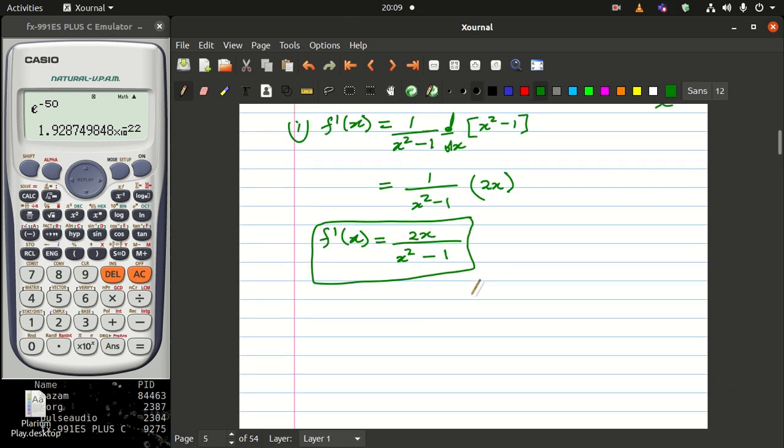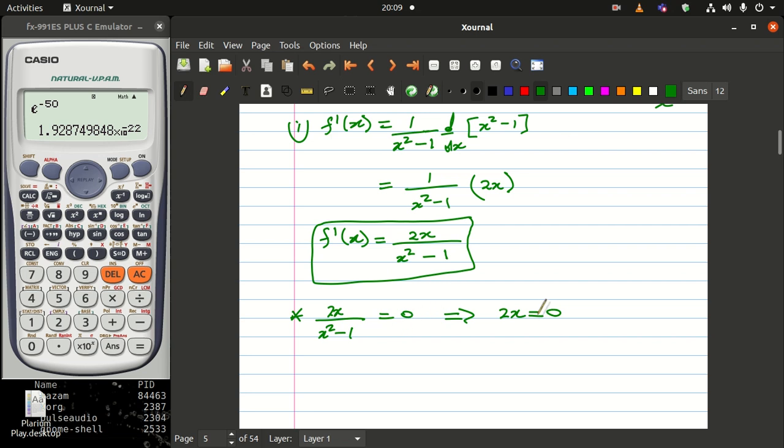So what is the next step for this? The next step is to find where f prime of x is equal to 0. So we have 2x divided by x squared minus 1 must be equal to 0. And if you look into this, once the denominator is equal to 0, this whole thing is going to be undefined. It's not going to be equal to 0. So the only time this whole thing is going to be equal to 0 is when 2x is equal to 0, or when the numerator is equal to 0.